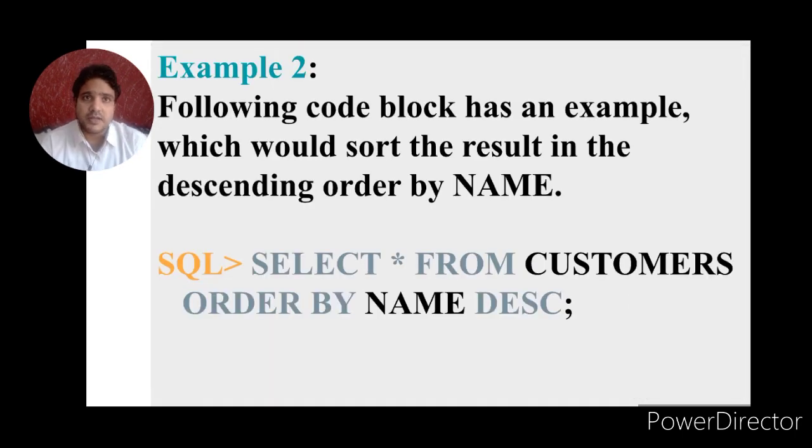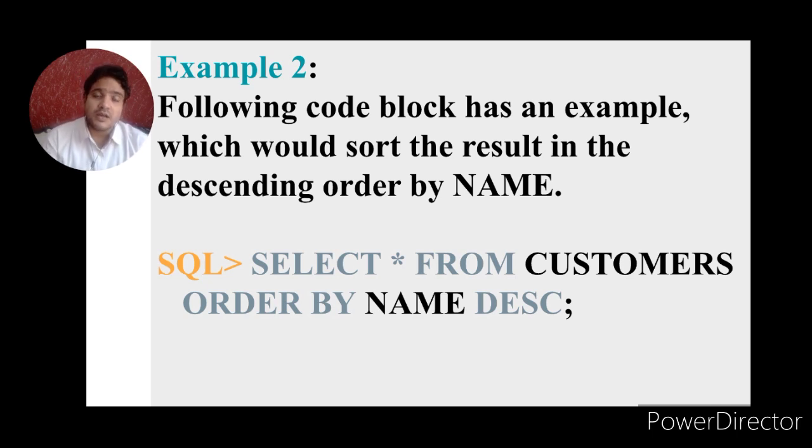Let's see the second example. If the user wants to show the records of the table based on the name attribute in descending order, we will use the DESC keyword in the order by clause. The same syntax we will write here: select asterisk from customers order by name DESC.